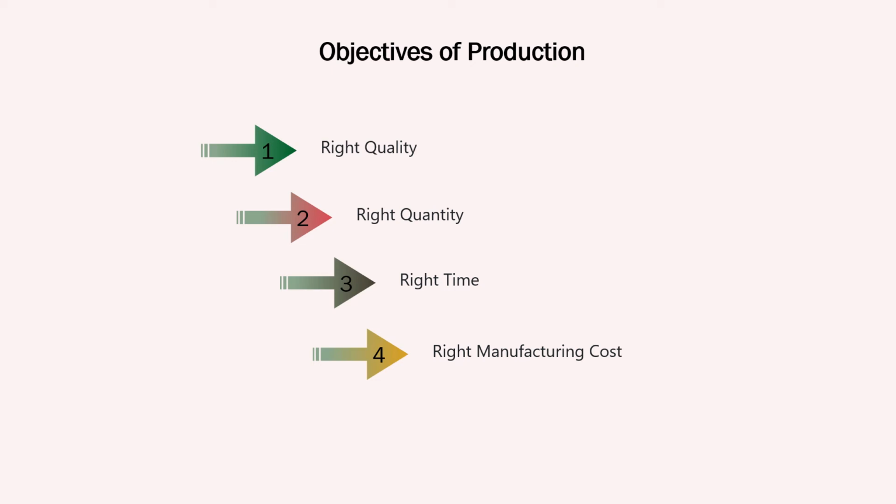If I produce 110 units of mobiles, then I'm making more than the requirement, so that will count as inventory in my production unit.